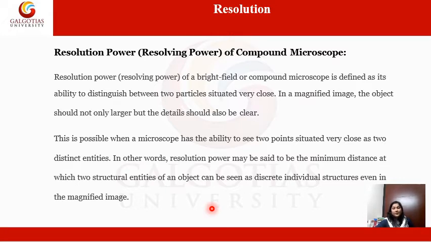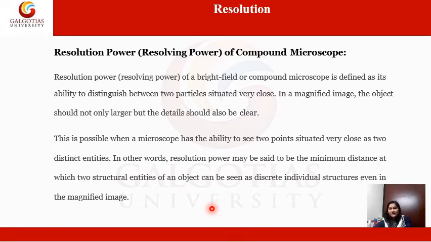Suppose you are using your compound microscope to study an animal cell, and you are enlarging your image by increasing the magnification power, but up to some extent only you will get the clear picture. After that limit, if you magnify the image, you will not get a clear picture of the subcellular components like mitochondria, DNA, RNA, whatever.